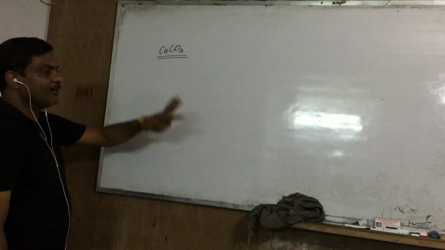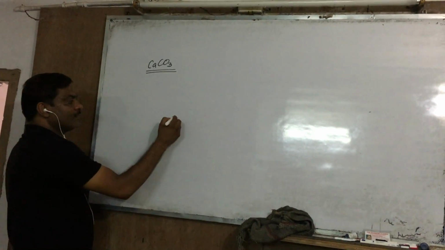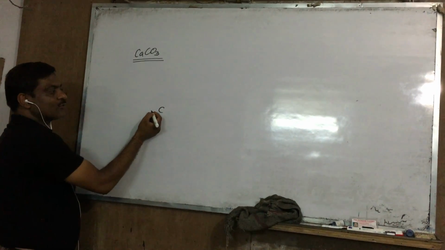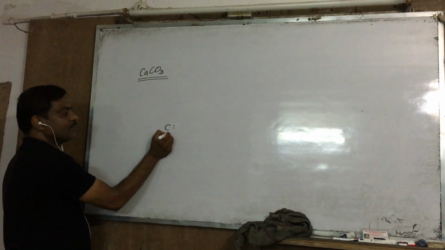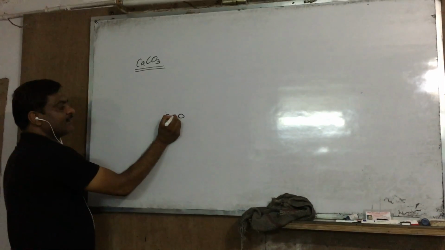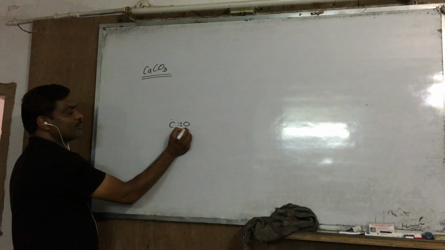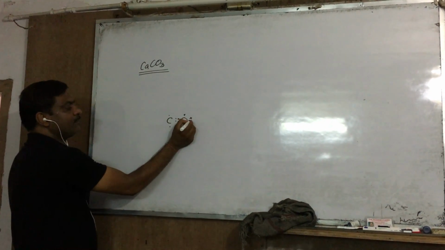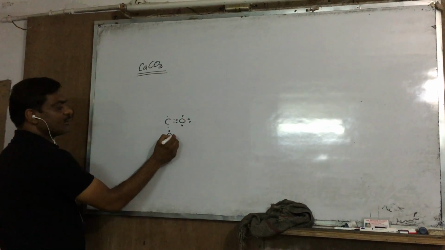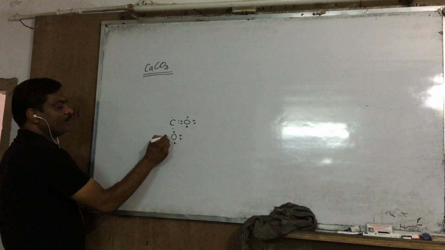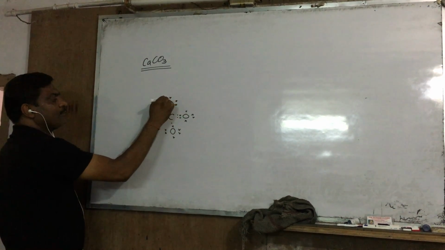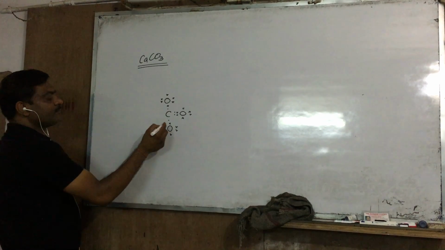In the CaCO3 molecule, the carbon atom has 4 electrons in its outermost orbit: 1, 2, 3, 4. Each oxygen atom has 6 electrons in its outermost orbit: 1, 2, 3, 4, 5, 6.